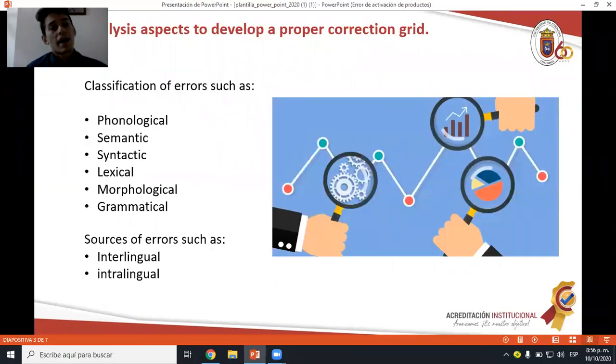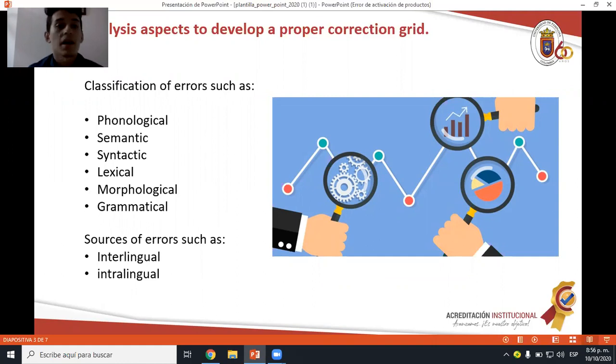Another aspect that we need to take into account when doing error analysis is the classification of such errors, such as the phonological ones. The phonological ones are related to the sounds and the pronunciation of speakers, in this case learners, our students.